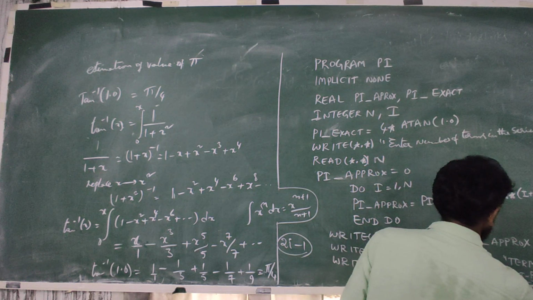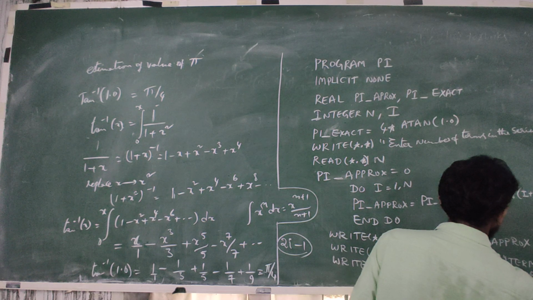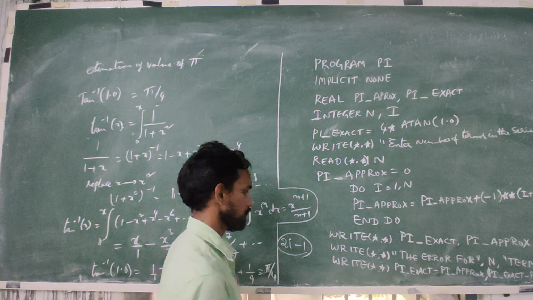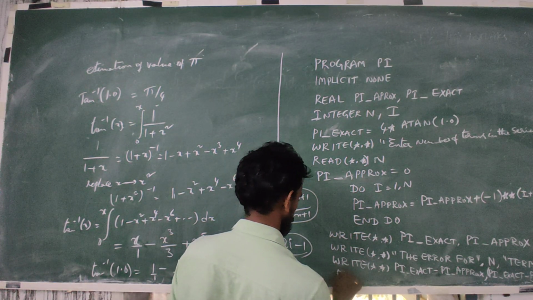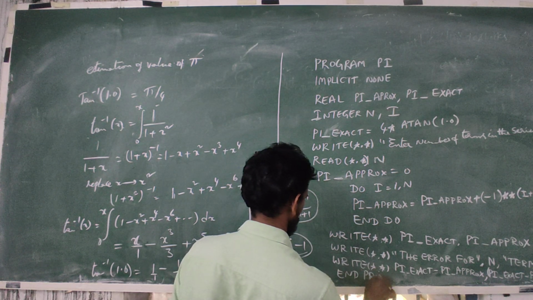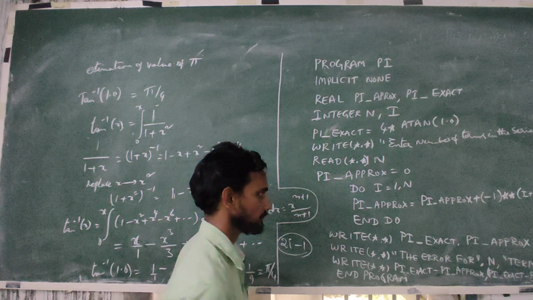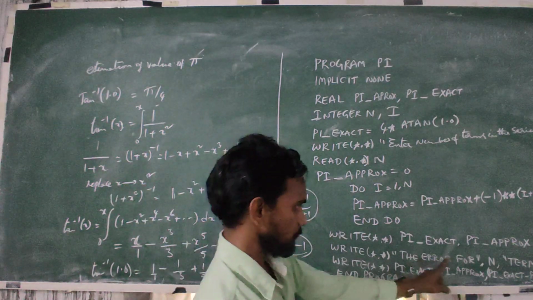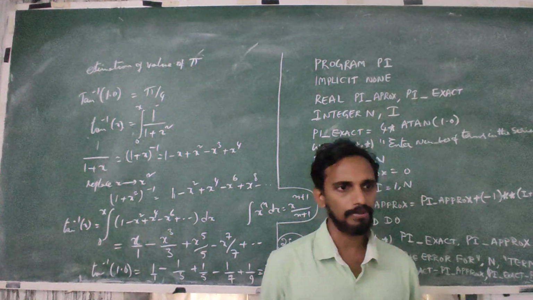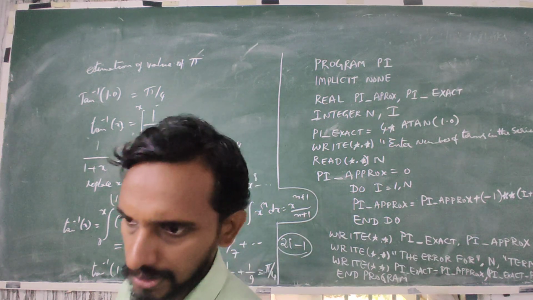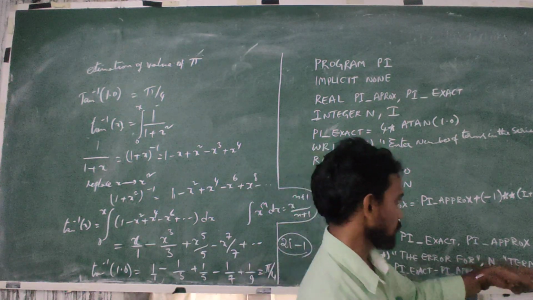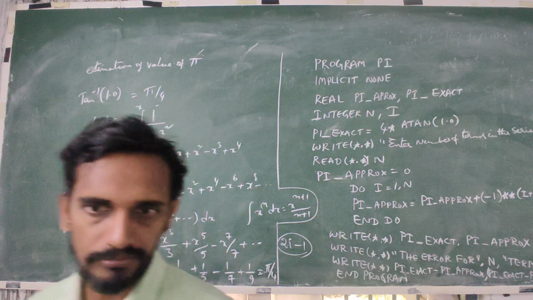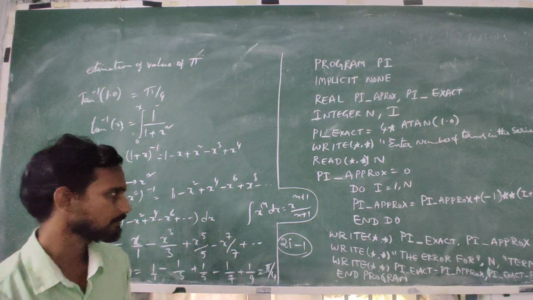By pi exact star 100 percentage error, relative error, absolute error, percentage error. Pi exact minus pi approximation, pi exact minus pi approximation by pi exact, pi exact minus pi approximation by pi exact multiplied by 100. All the three.